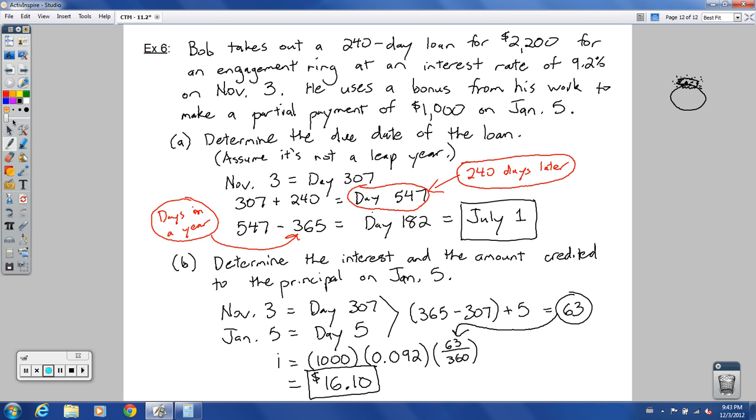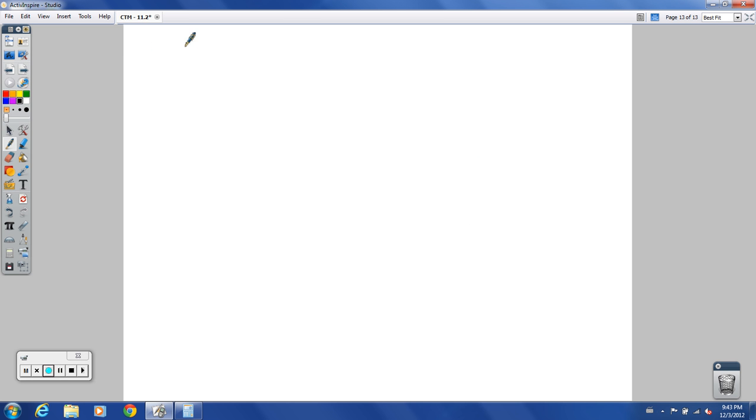That's going to mean I'm going to need another page here. So 16.10. And so we have 1,000. We paid $1,000, but $16.10 of that was going towards interest. That means you have $983.90 is credited to the principal.